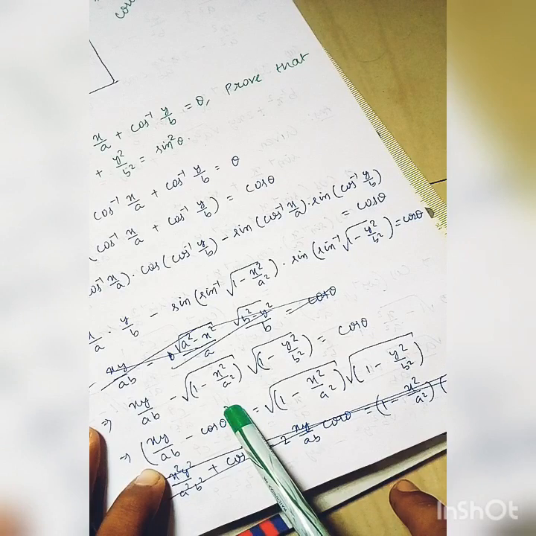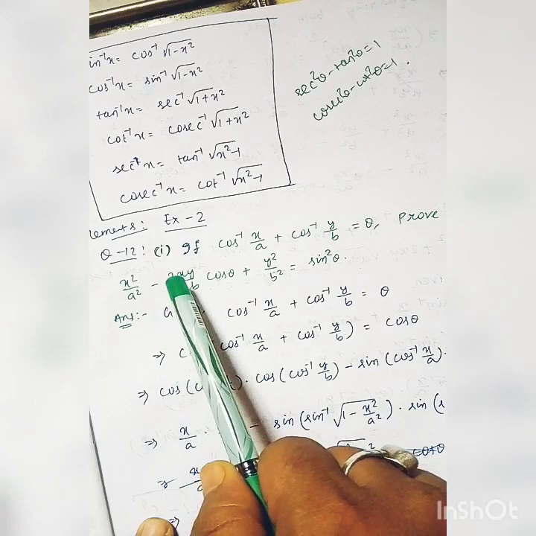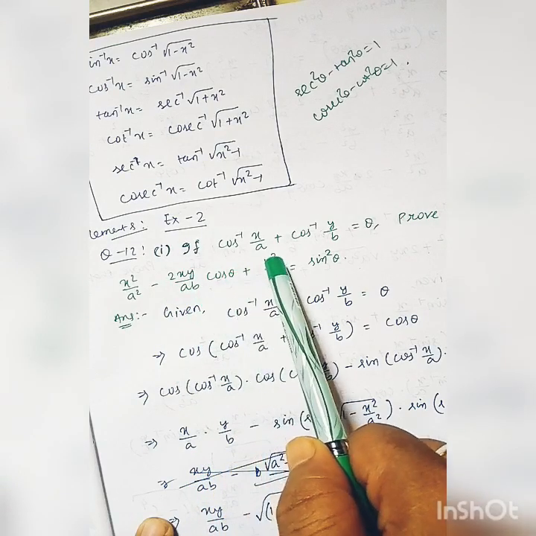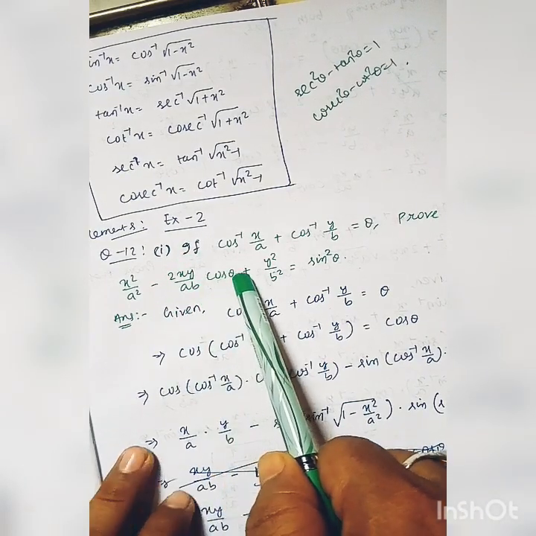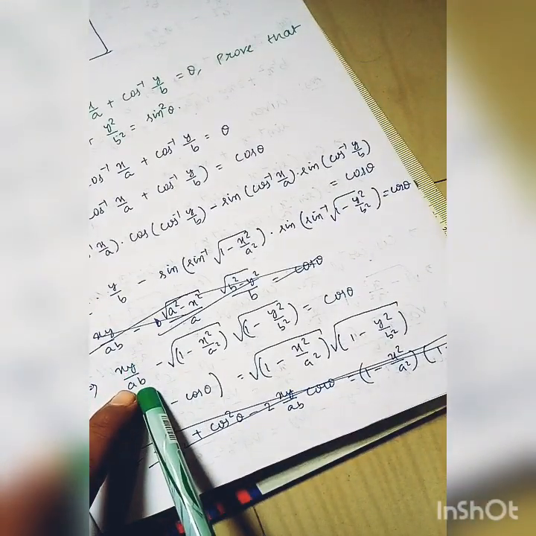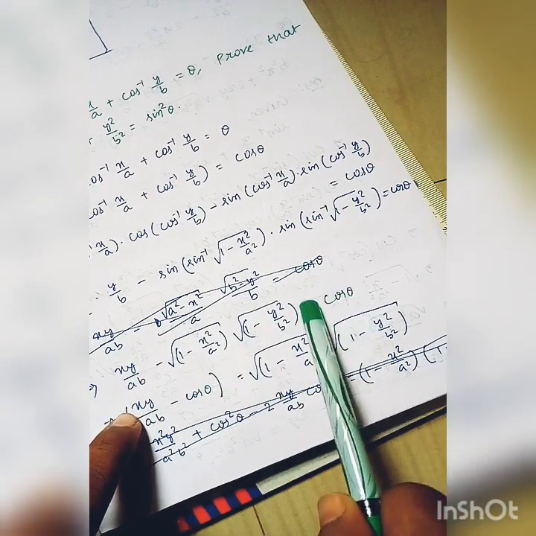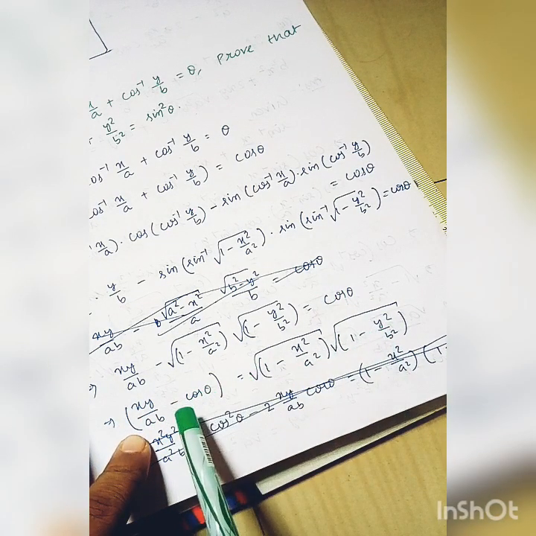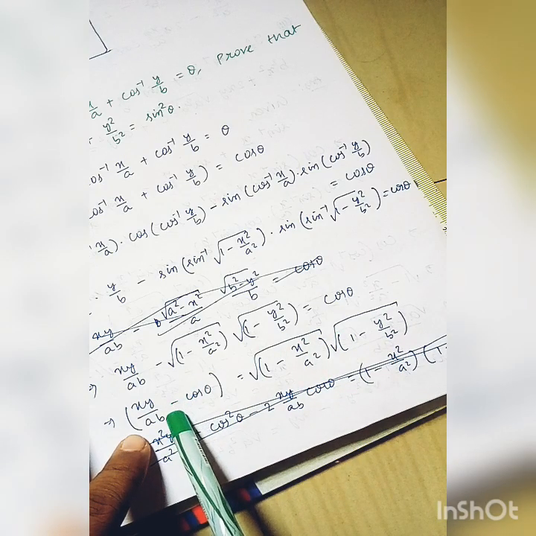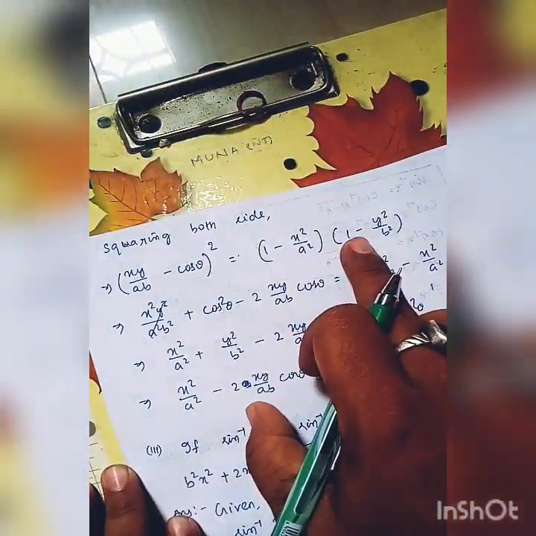Again, as we have x square by a square minus 2xy by ab cos theta plus y square by b square, on the right hand side there is a term 2xy by ab cos theta. Here xy by ab is there and cos theta is there. Suppose we take this to the left side, that is xy by ab minus cos theta equal to this. Again, squaring on both sides, we can write square of this equal to this.